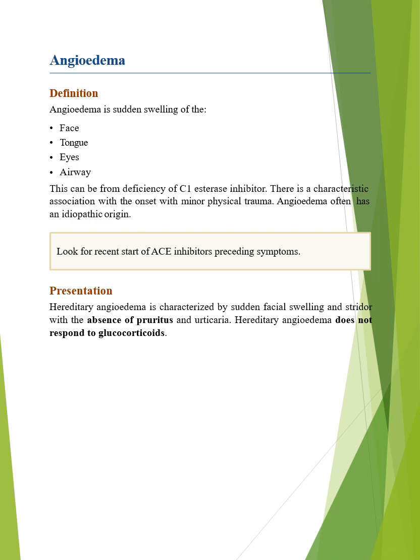Could be associated with onset of minor physical trauma. Angioedema often is idiopathic by origin. And there is a clinical tip here which states to look at the recent start of ACE inhibitors preceding symptoms.